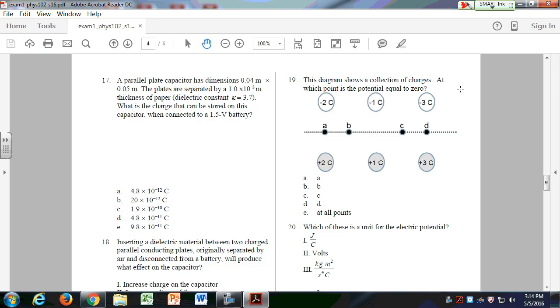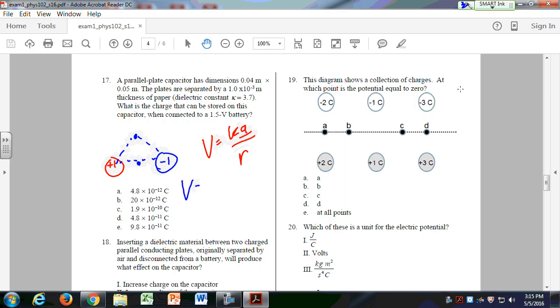Our potential is KQ over R. If I have two charges, say this is plus 1 and the other is minus 1, the potential is 0 when I'm equidistant from both charges. Like right here, I'm the same distance here as I am here, so that potential is equal to 0. Similarly, right here, I'm equidistant from these two charges, so the potential is 0.